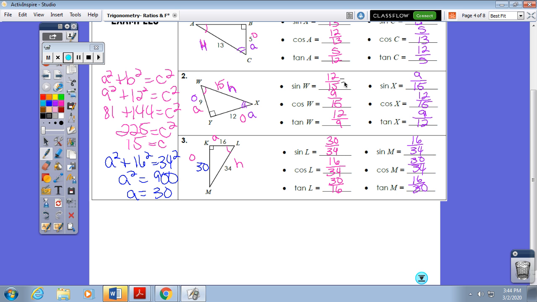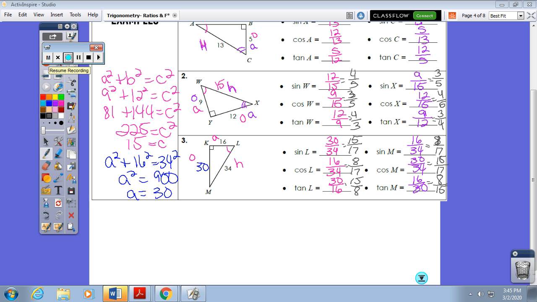Here, 12 divided by 15, they're both divisible by 3, so it ends up 4/5. And you can simplify each of these. 9 and 15 ends up 3/5. And then this would end up 4/3, and so on. So go ahead and simplify and then check.